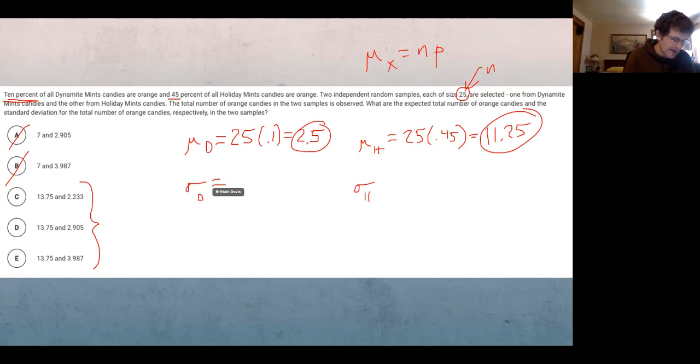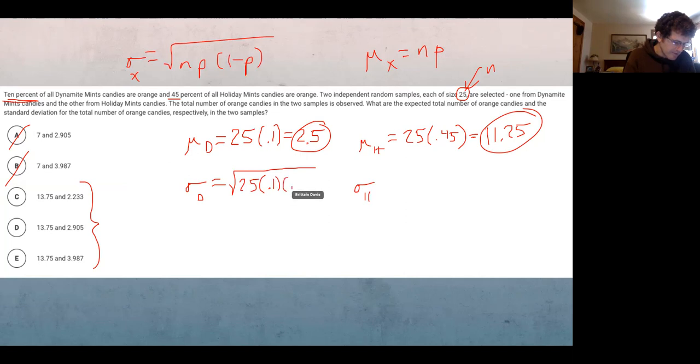And here is where we have this formula, which is the square root of n times p times 1 minus p. And so I will just plug those numbers in. It's going to be 25 times 0.1 times 0.9, which gives me a standard deviation here. This is going to be 1.5.